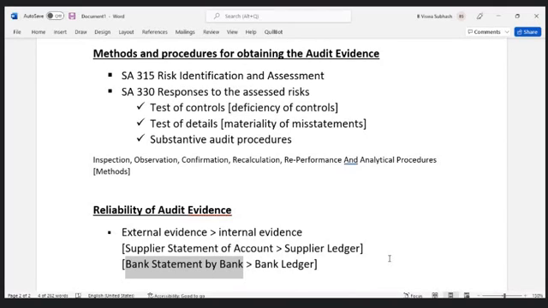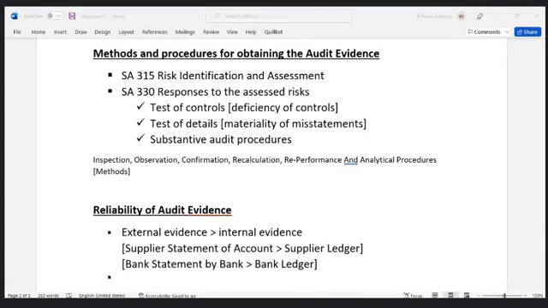So it's not always that the external evidence is more appropriate, but for an auditor, the external evidence will at least give you a higher confidence that the internal documents that were submitted to you can be taken into consideration.